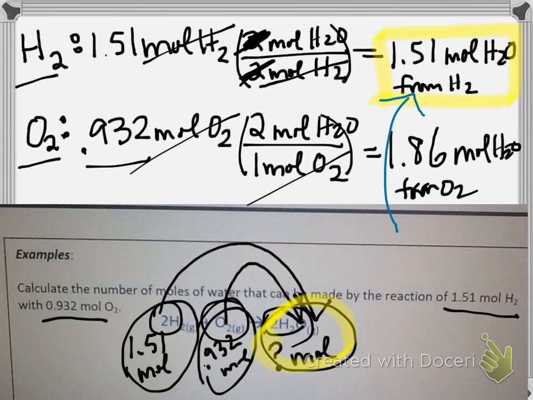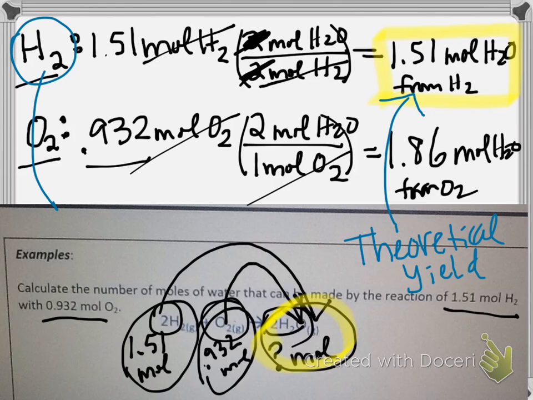So because this is the lesser quantity, 1.51 is less than 1.86, this is going to be called my theoretical yield. This is the theoretical amount I could make when these are combined. And the theoretical yield, the lower quantity, always comes from the limiting reagent.